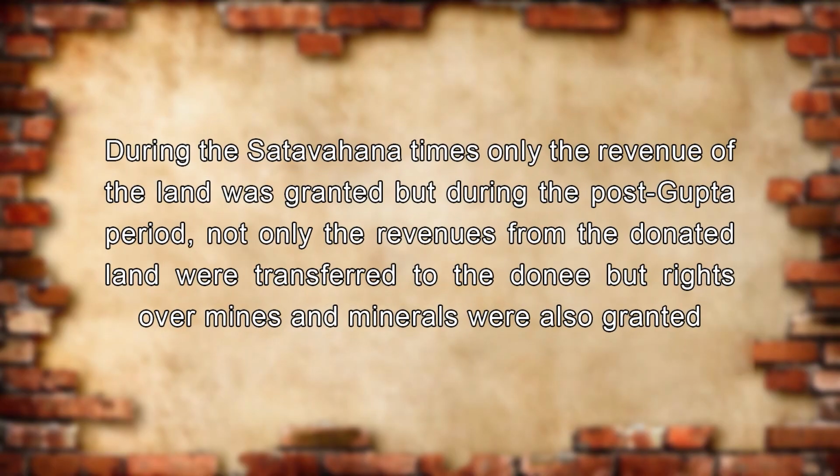These land grants were different from the earlier ones. During the Satavahana times, only the revenue of the land was granted, but during the Gupta period, not only the revenue from the donated land was transferred to the donees, but rights over mines and minerals were also granted.